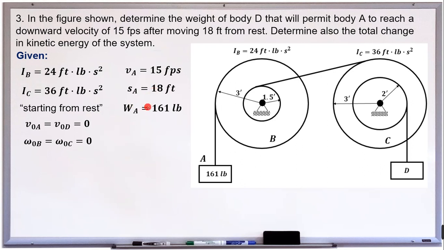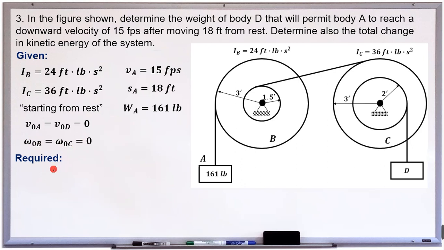Then its weight is 161 pounds. In the problem you can also read the phrase starting from rest. This means that the initial velocities of our A and D are equal to 0, and the initial angular velocities of our cylinders B and C are also equal to 0.